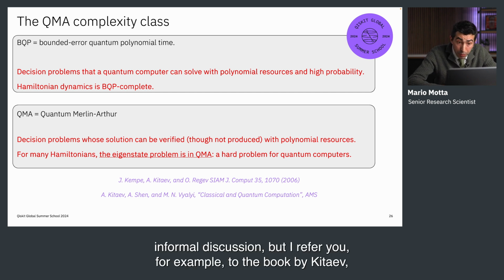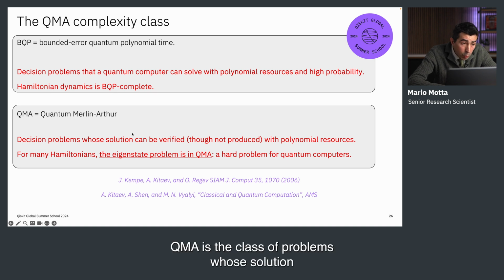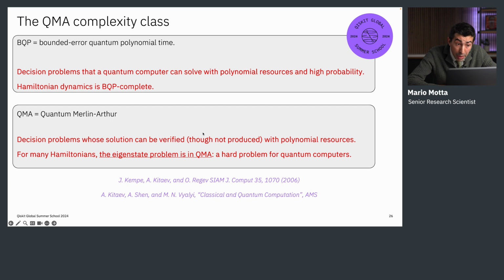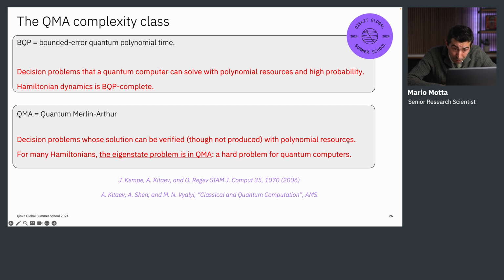Again, I will give you an informal discussion, but I refer you, for example, to the book by Kitaev if you have interest in this topic. QMA is the class of problems whose solution can be verified, though not in general produced, by a quantum computer with polynomial resources.